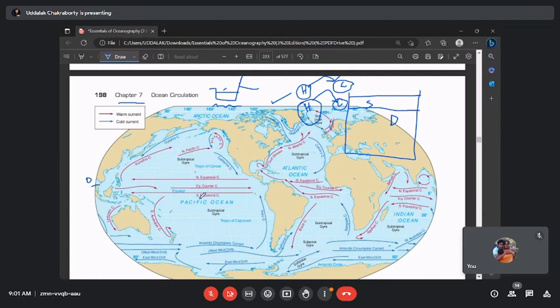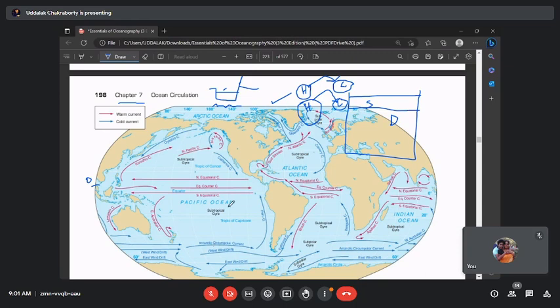In the northern hemisphere, the oceanic circulation is clockwise in nature. In the generalized way, the oceanic circulation in the northern hemisphere is clockwise, but in the southern hemisphere, it is anti-clockwise.